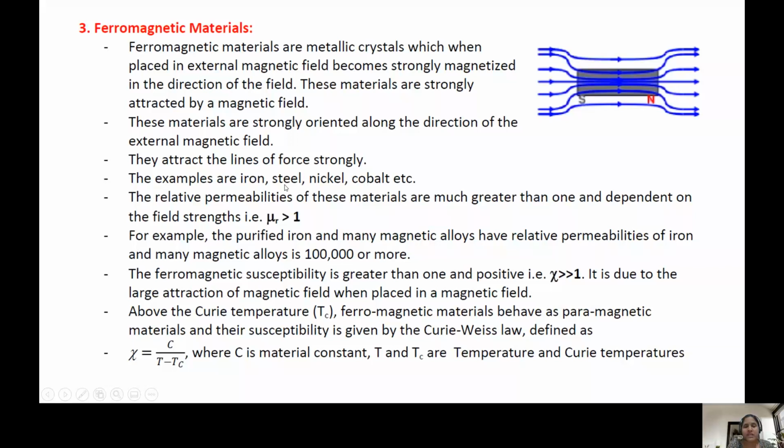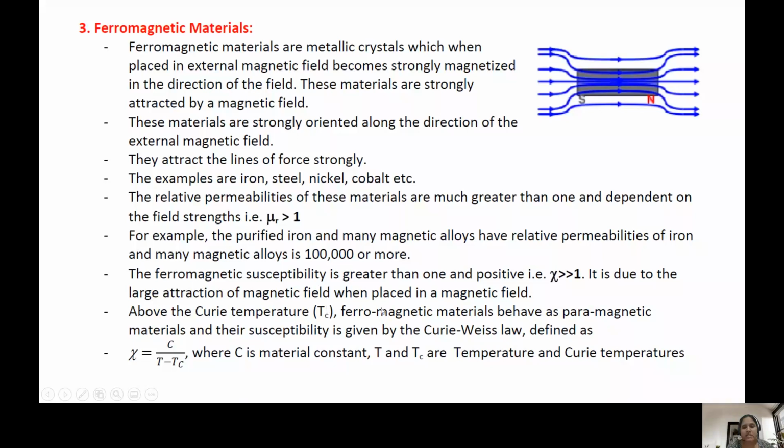The examples are iron, steel, nickel, and cobalt, etc. The relative permeability is greater than 1, and the example is purified iron and many magnetic alloys having a very high value. The ferromagnetic susceptibility is greater than 1, and also positive. It is due to the strong attraction between the dipoles and the external field.